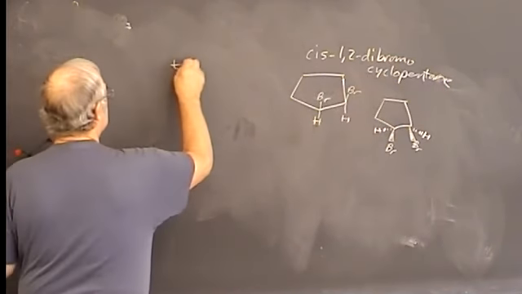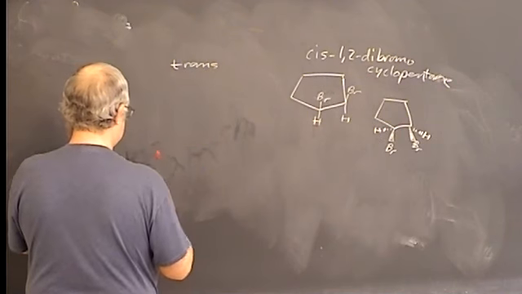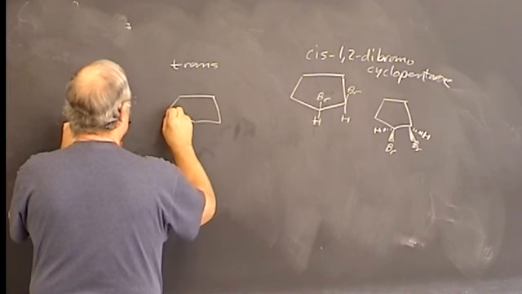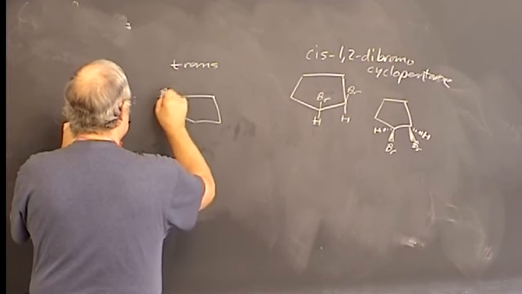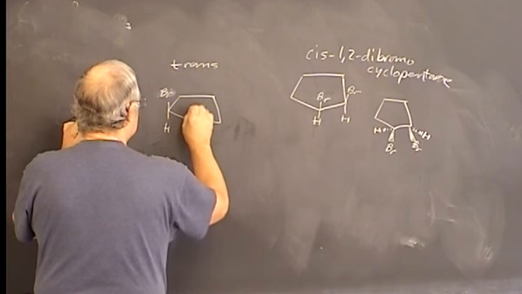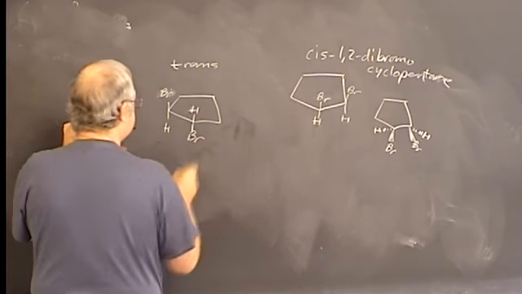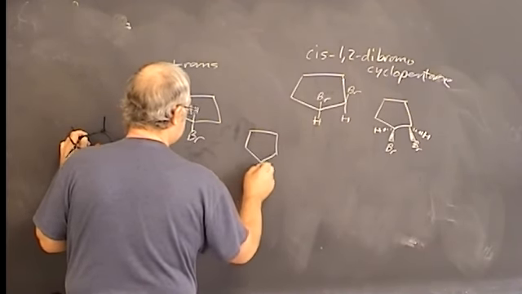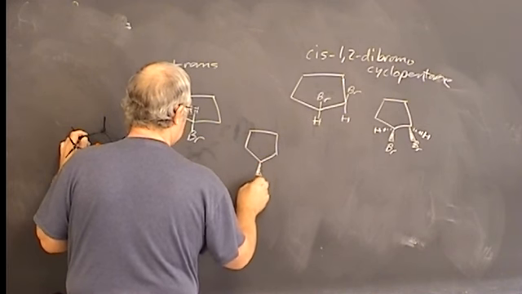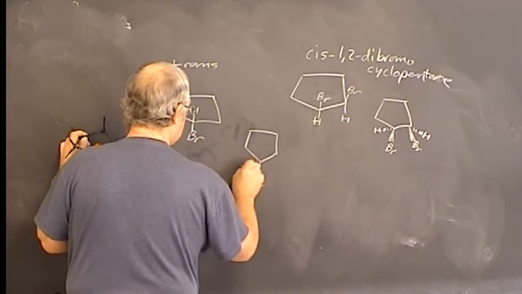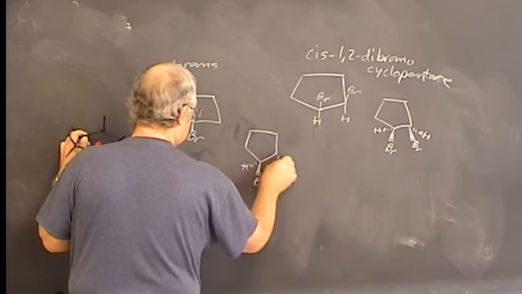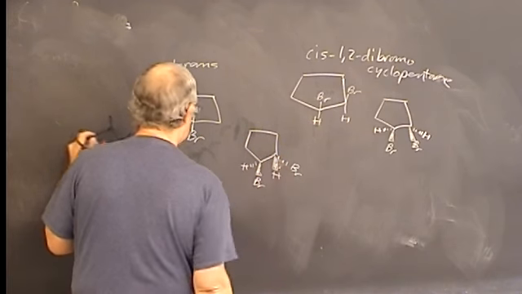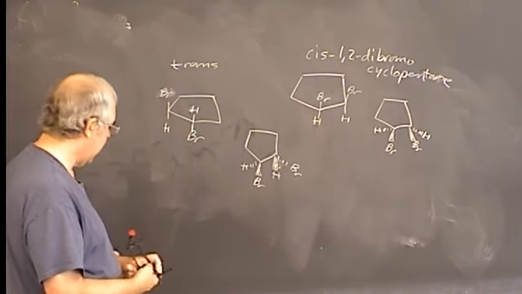So the trans we could represent like this, or we could show the ring in the plane of the board, this one coming forward and this one going back. So those are two ways we could represent the trans.